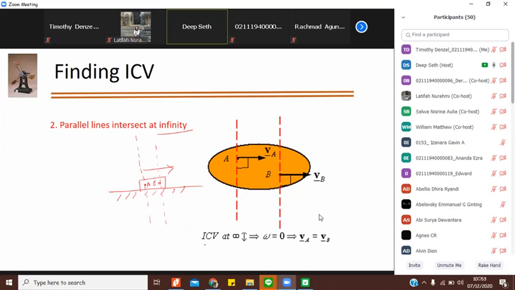So we say the instantaneous center of velocity is at infinity, and omega you will consider here as 0 because you do not have any angular rotation over here. Okay. And the velocity of A and the velocity of B will be equal. Okay. So the instantaneous center of velocity at infinity actually means this thing. And it's quite intuitive and quite obvious that you will have this.